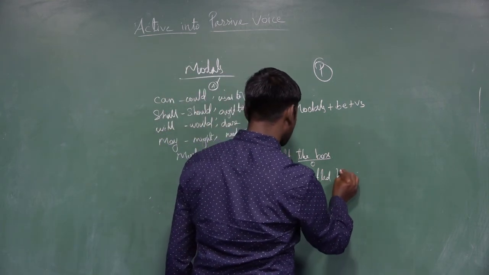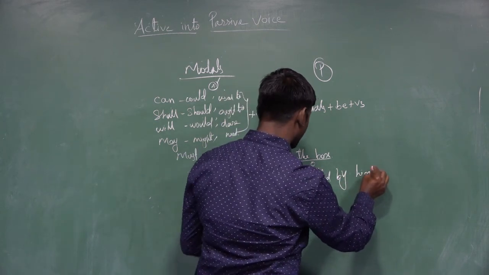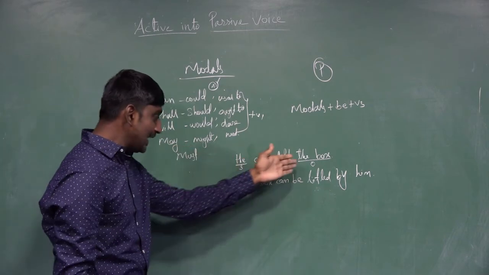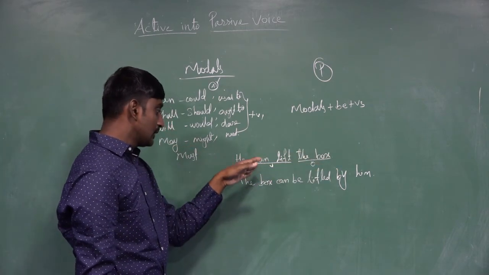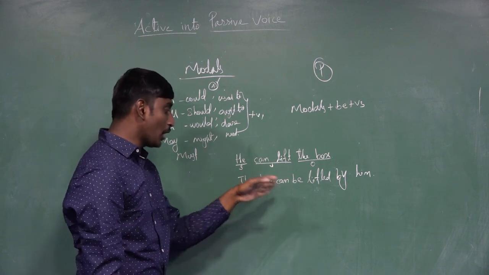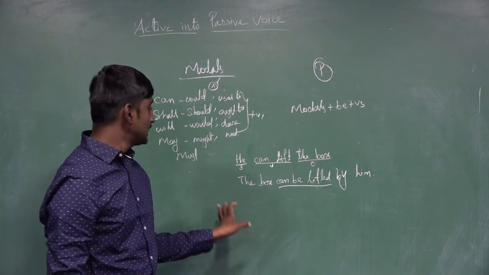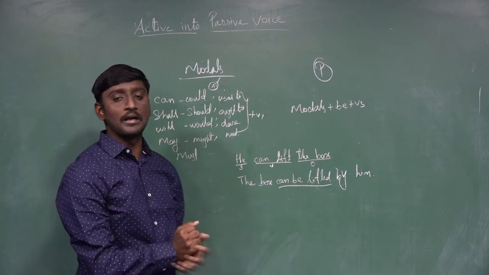Lifted by he, changed to him. He can lift the box is an active voice, changed to the passive: The box can be lifted by him. It's active into the passive voice.